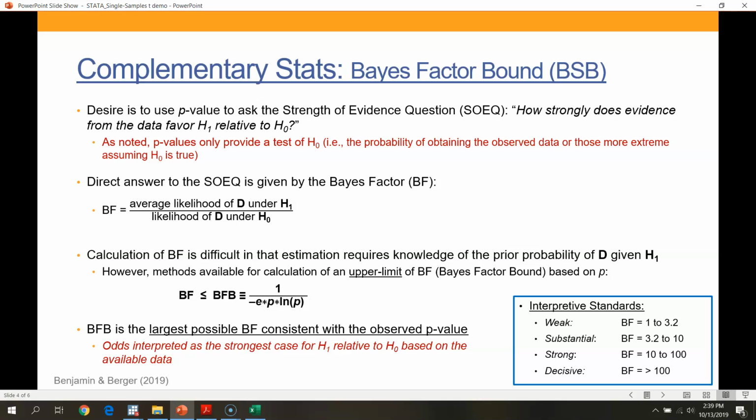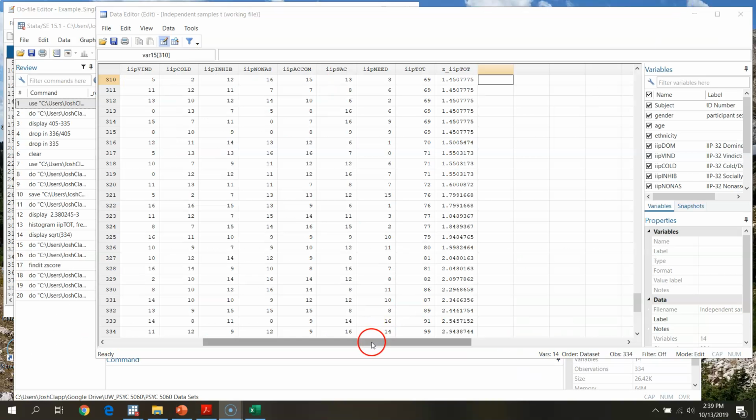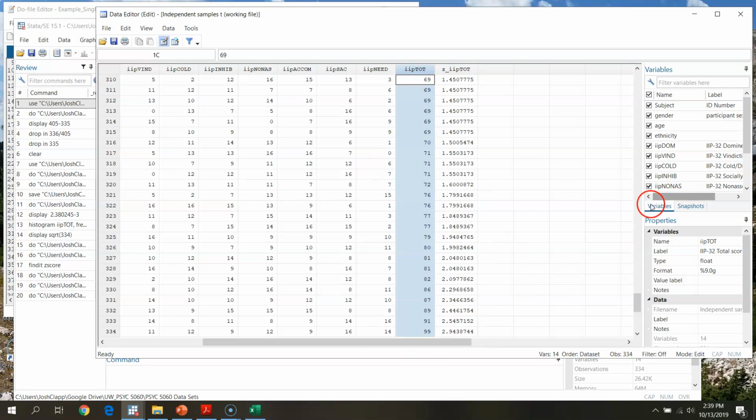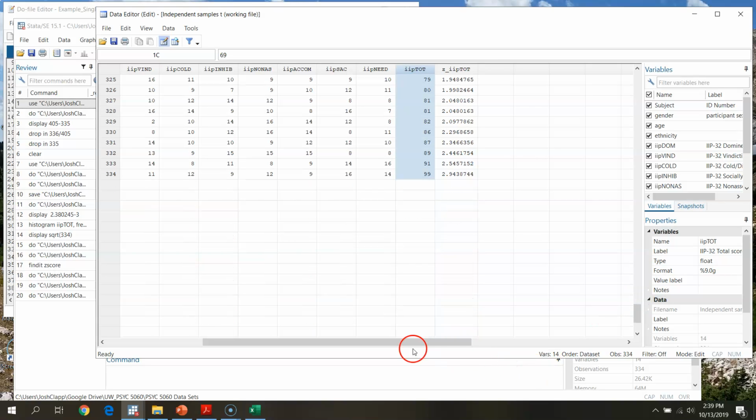Okay, so in the last video we screened IAP total scores for this set of 334. If you recall, we had 70 cases with missing values, so we want to account for that. We had one case with an implausible value of 999.